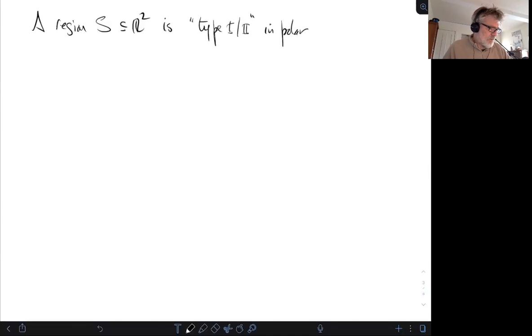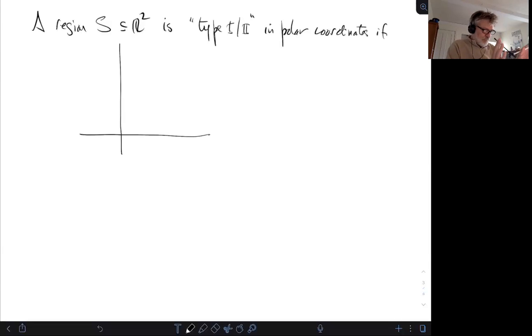In polar coordinates, if it has the following description. So I'm going to draw it, a generic one, but as you saw, it could have many different kinds of shapes. All the previous ones that I did were like that.